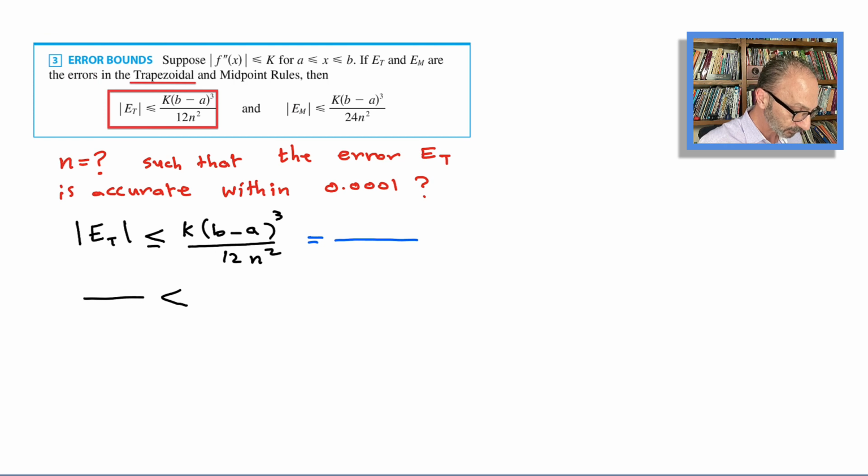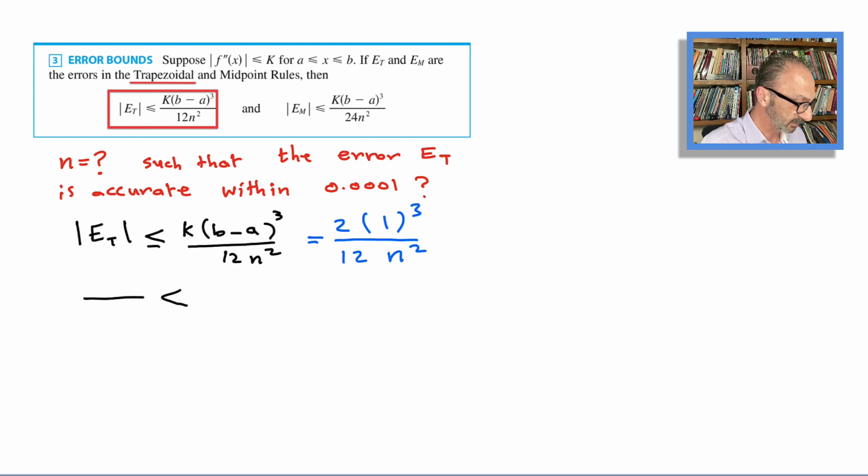So we have k times (b minus a) to the power 3 over 12n to the second, and k is 2. We're still on the same function and the integral from 1 to 2. So k was determined to be 2, and we have (2 minus 1) to the third over 12. We are writing n to the second, not 5 to the second.